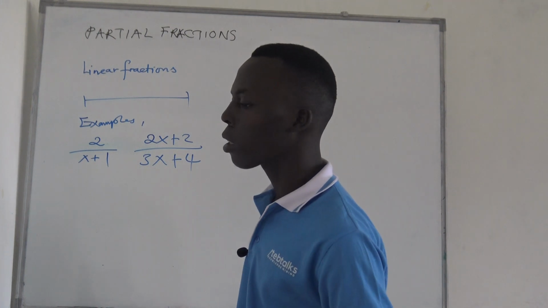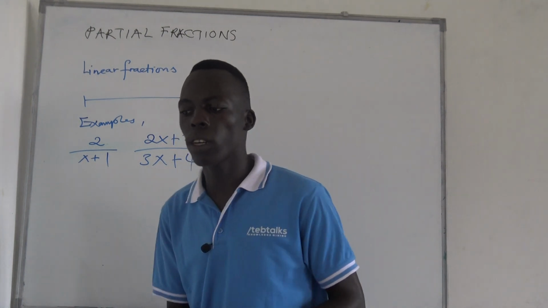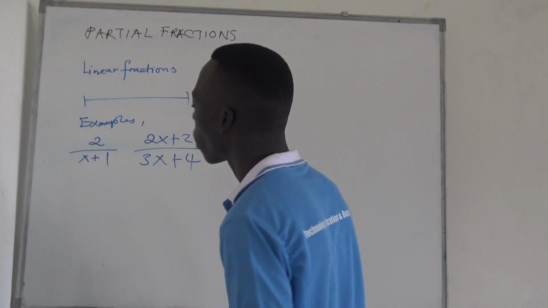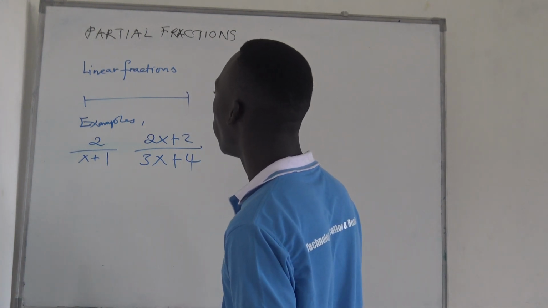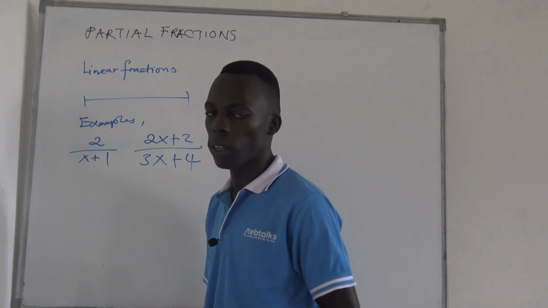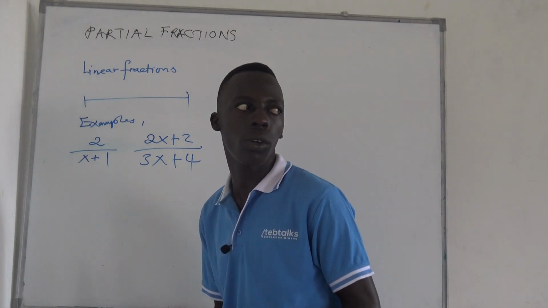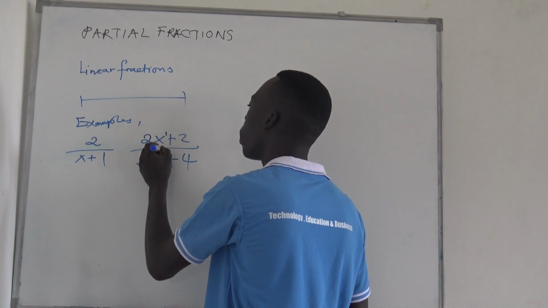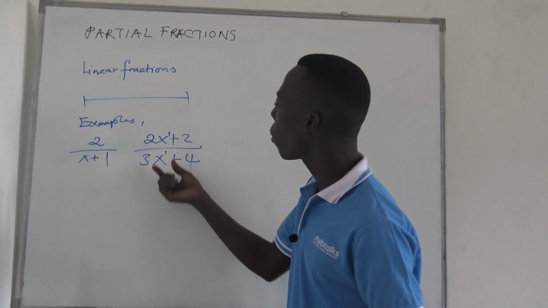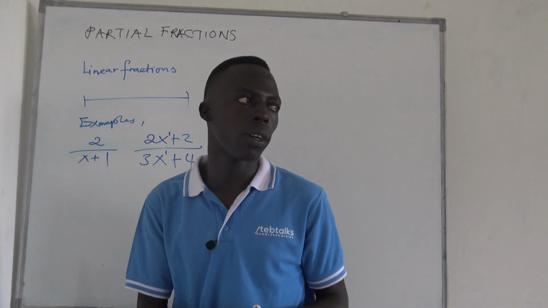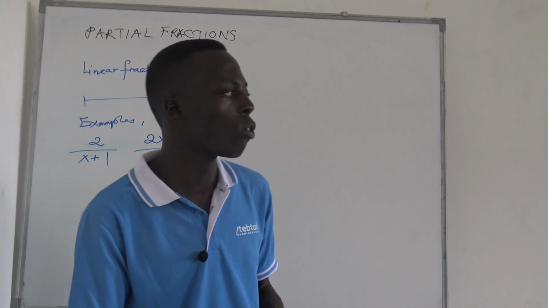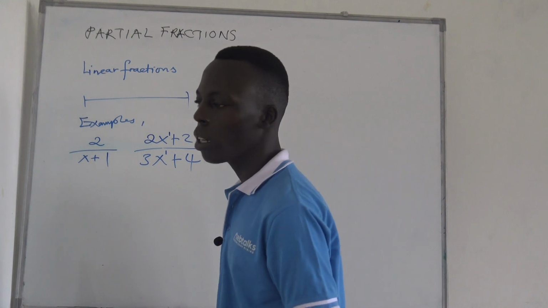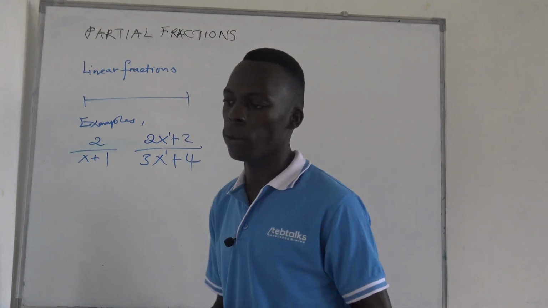And for this case, when you are considering linear fraction, you need to first divide or use long division, because when you see this degree here, it is power 1, this is power 1. So if the powers are the same, that means you need to first divide. So this one, they are assumed to be improper. So all those fractions, you're going to deal with them.